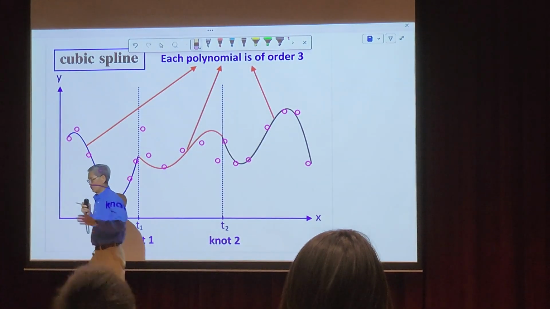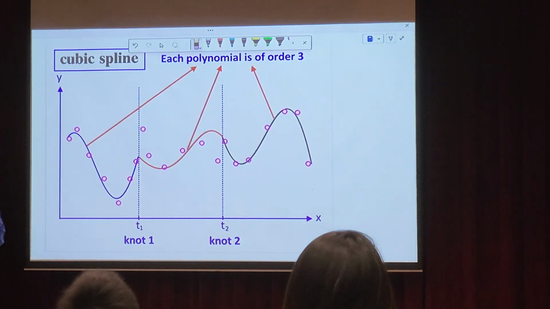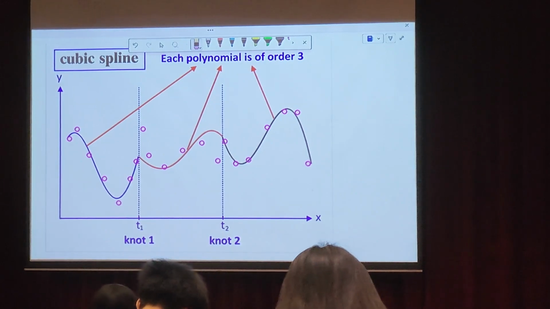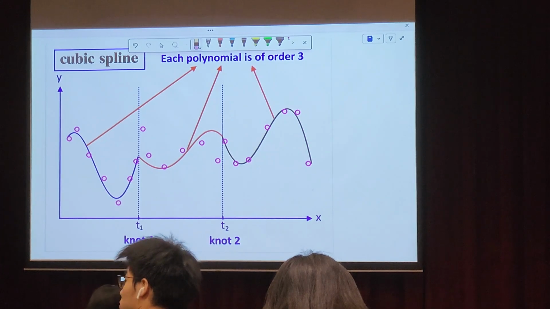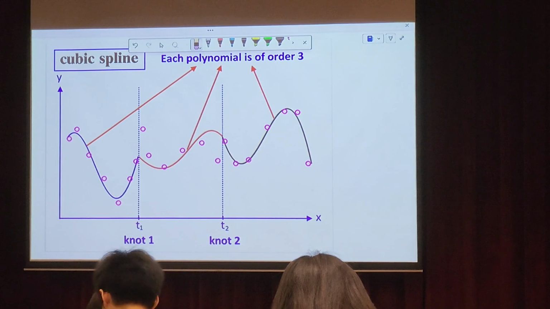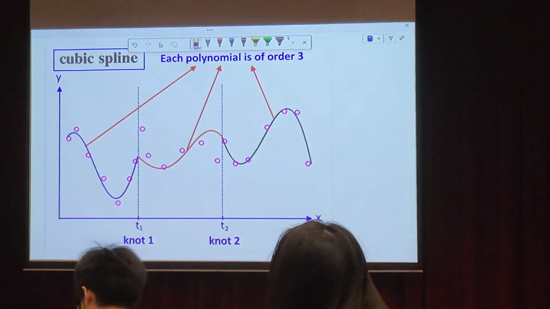So to fit a polynomial that is suitable for this data set, we need order 8, which is a very complicated model. And along with it comes a problem of multicollinearity, dependence of the regressor variables.